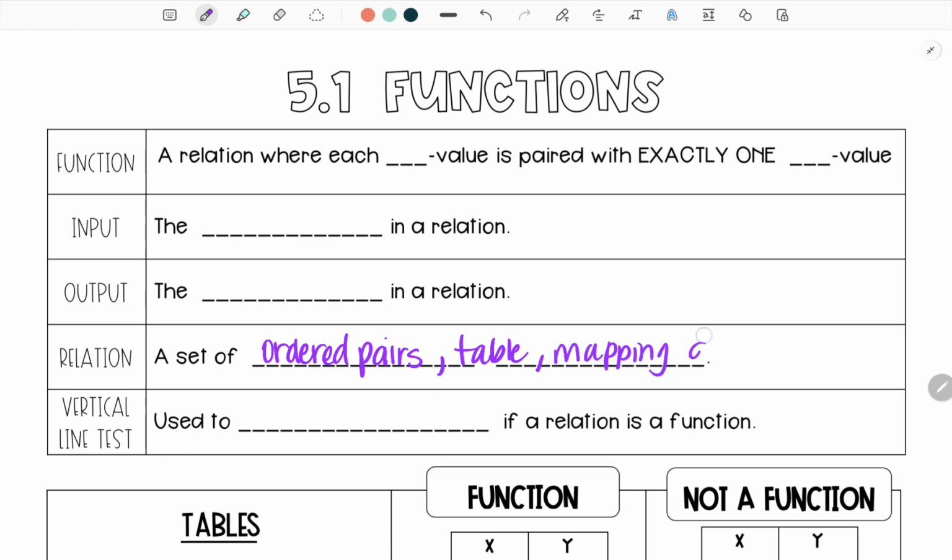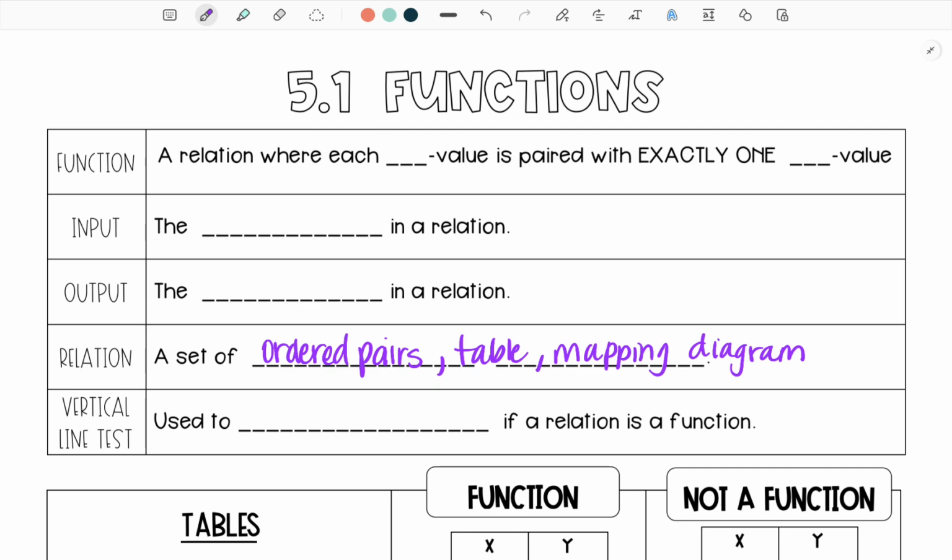But it's always going to be ordered pairs in the long run, right? Because a table is just ordered pairs written in table form. A mapping diagram is just ordered pairs written in a mapping diagram form, okay? So basically it's a set of ordered pairs, but I don't want you to think of it as just ordered pairs. You can see it in a table, you can see it in a mapping diagram, you can even see it in an equation. Okay. So knowing what a relation is, then we can go back up to function.